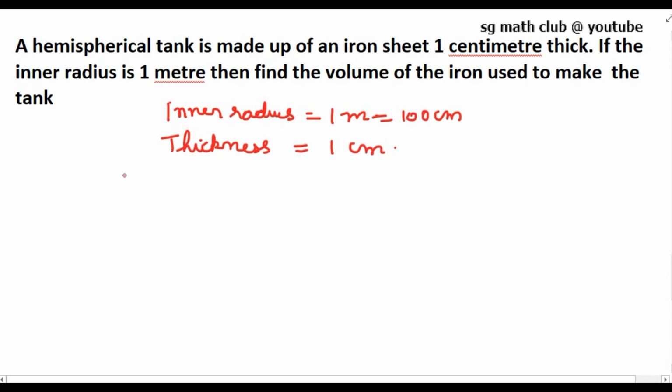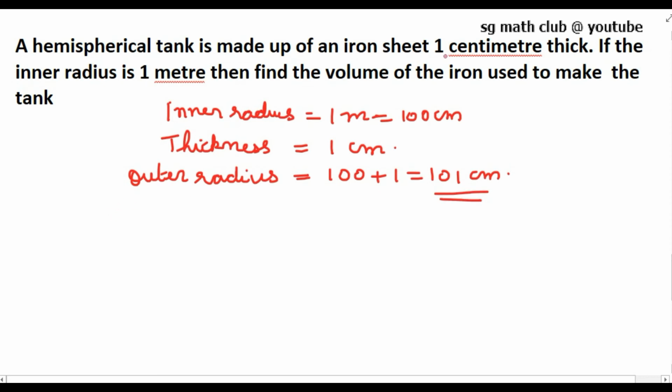So what will be the outer radius of the hemispherical tank? You have to add the thickness to the inner radius, that is 100 plus 1 is 101 centimeter. Whenever thickness is given, we have to add it to the inner radius to get the outer radius.